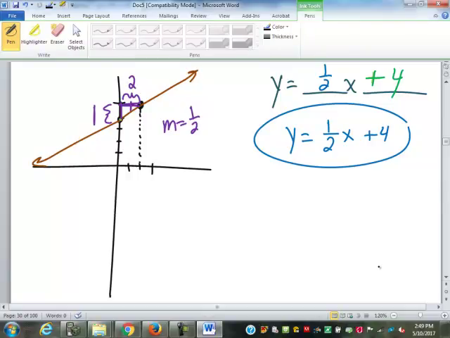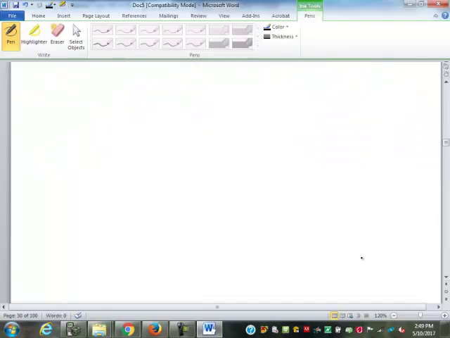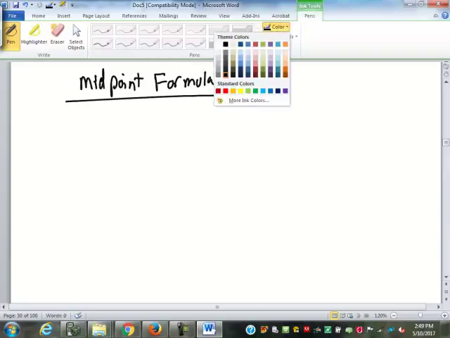So, some things that, again, might be on this test. Let's look at midpoint formulas. If you remember, if we had 2 points, you could find the midpoint between them.